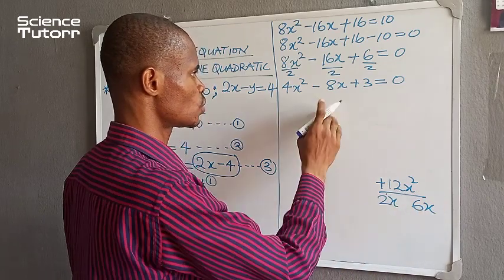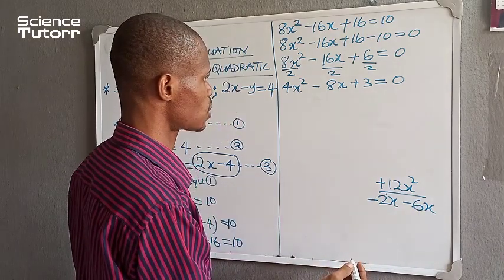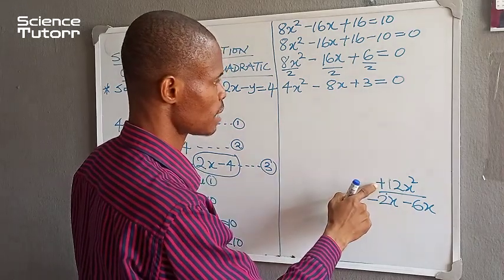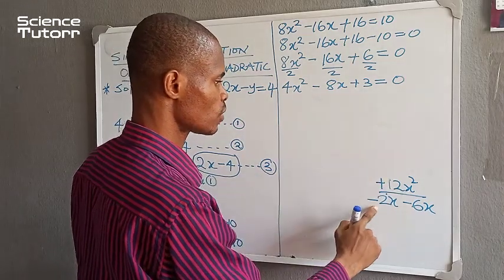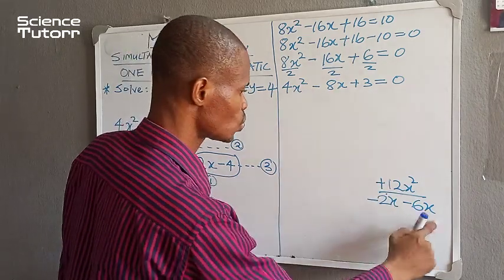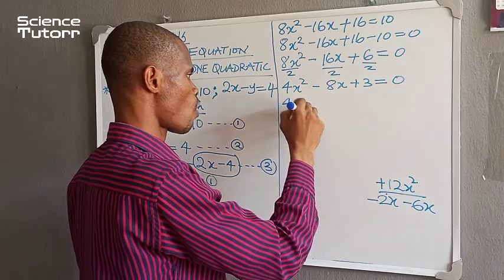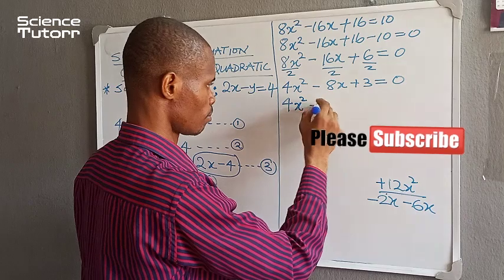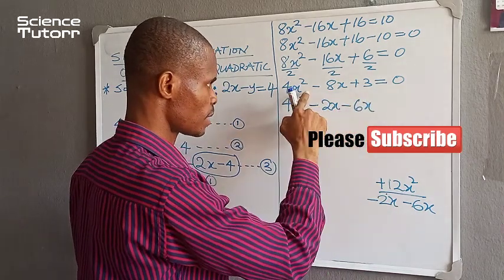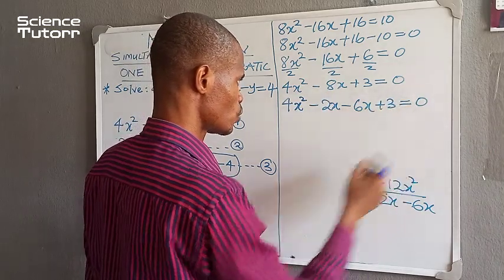That is 8x. So we think of our sign, we use a minus and minus, because minus times minus gives us a plus, and minus 2 minus 6 gives us a minus 8. So these two factors will take the place of minus 8x. So we have 4x squared minus 2x minus 6x, taking the place of minus 8x, plus 3 equals 0.